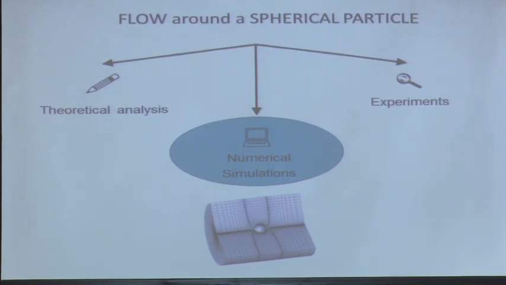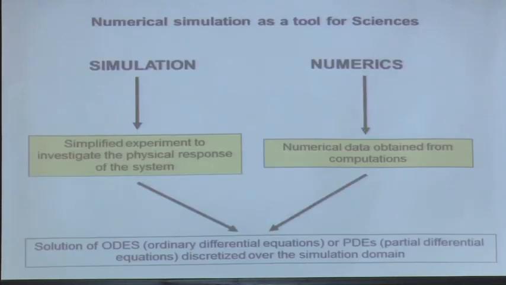This is what has been done over the last 20 years, developing new numerical techniques for solving the Navier-Stokes equations, and this is what we call computational fluid dynamics. So it is a new tool for making science. And then you can compare that with some experiments, with some theory, and you may have agreement or disagreement, and we are going to discuss that.